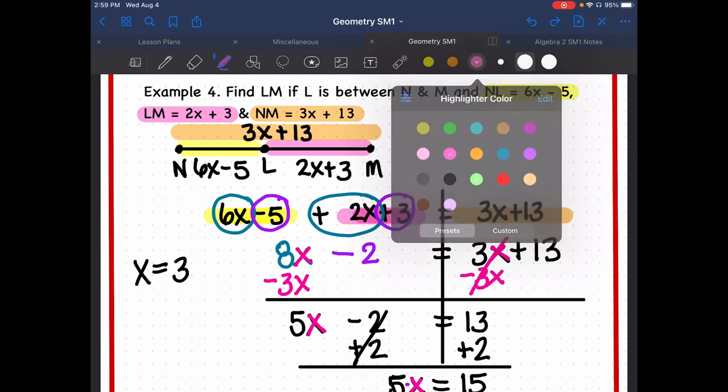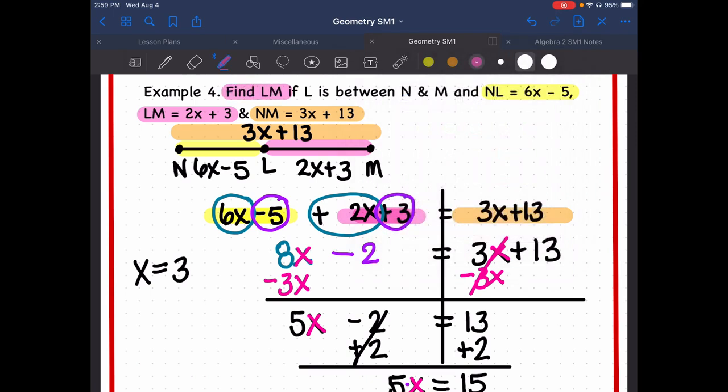Let me grab my pink back. All they want me to do is to find this part right here. This part right here is the 2x plus 3. So LM is 2x plus 3. So what I'm going to do is say 2 times 3, that's 6, plus 3, 9. Good luck on your assignment, guys.